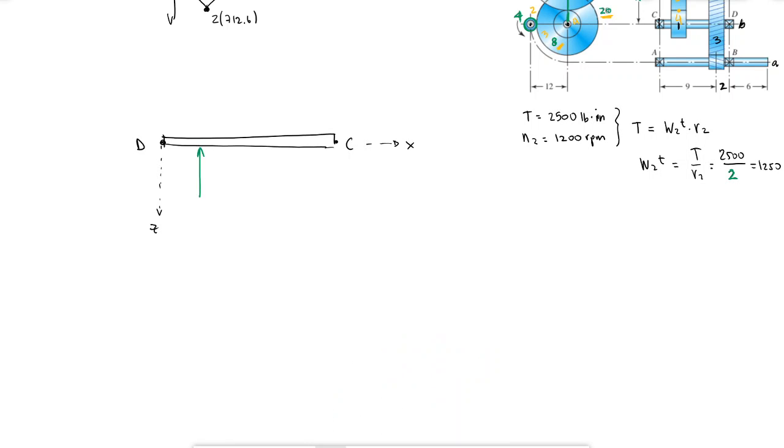The green vector, W3R, which is equal to 5,254 from before. I'm going to have the yellow vector at gear 4, W4T equals 3125, also from before. And I'm going to have some reaction forces.